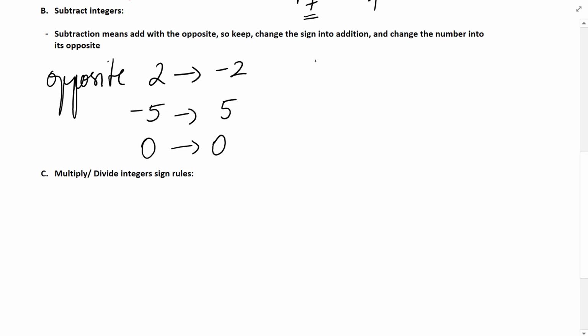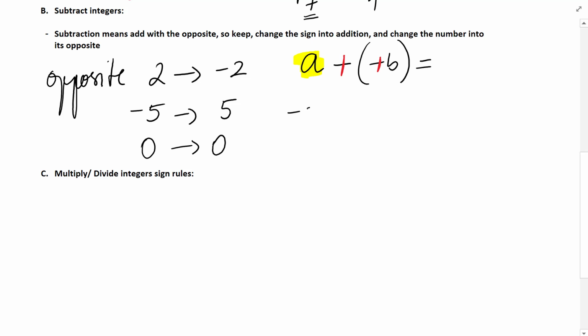So if we have a minus -b, for example, we keep the first number, we change the subtraction into an addition, and we change the sign of the second number into its opposite.